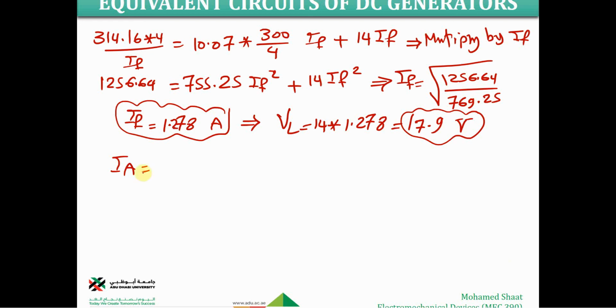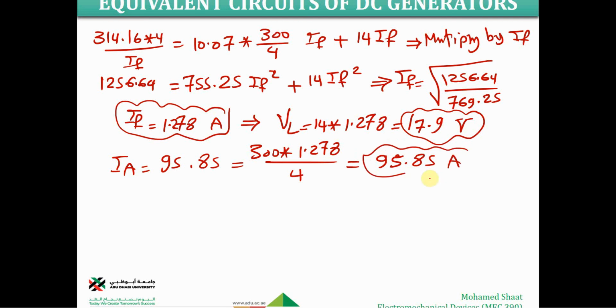This is going to give us 95.85 amperes, because it was 300 times 1.278 divided by 4.